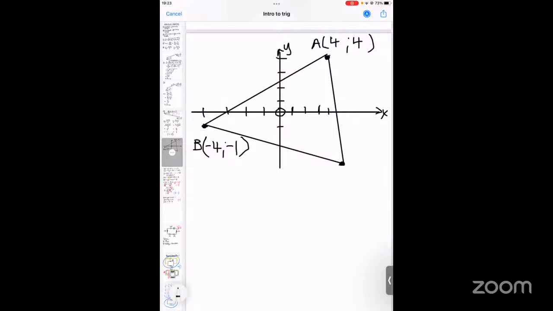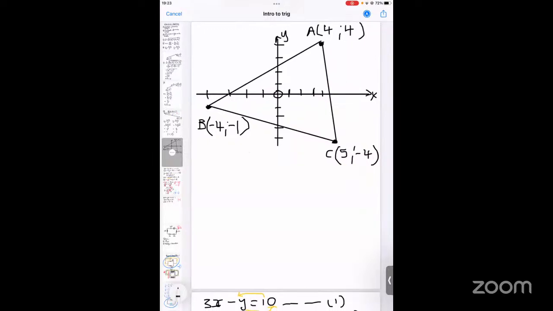And then let's see that there being point C, 1, 2, 3, 4. Maybe let's make it 5 there. And this one, well, -1, -2, -3, -4. We'll just make it -4.